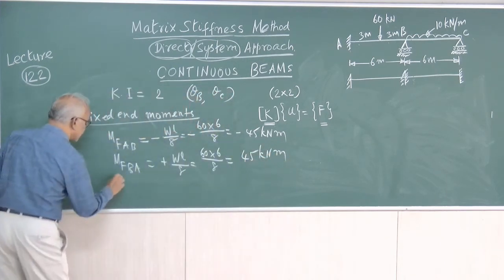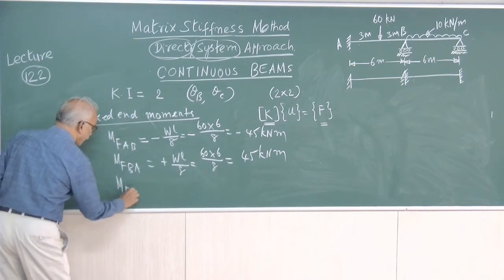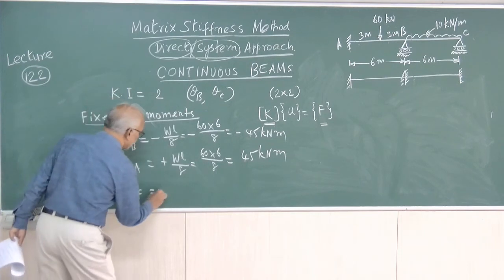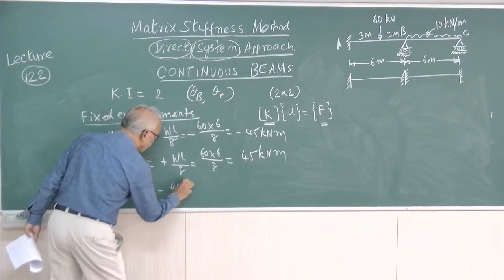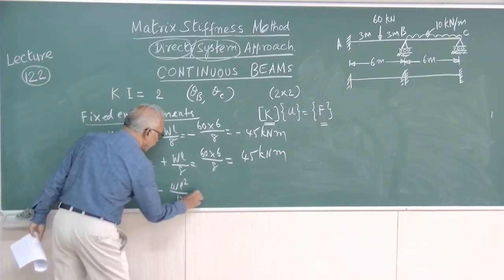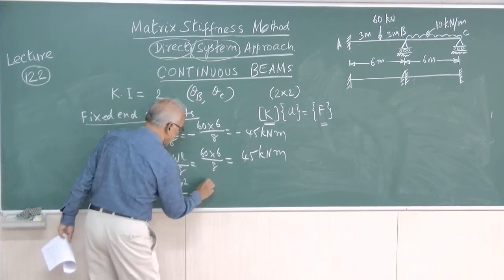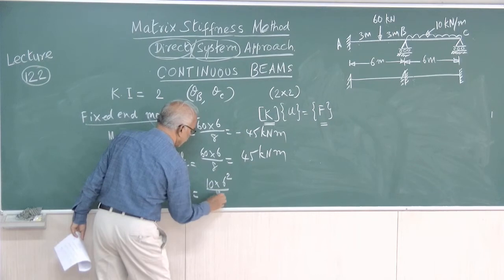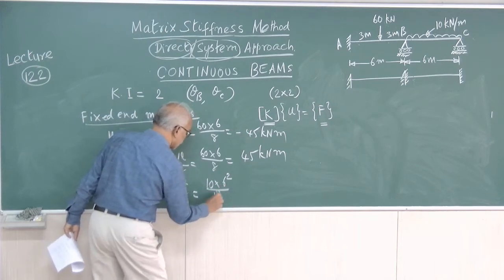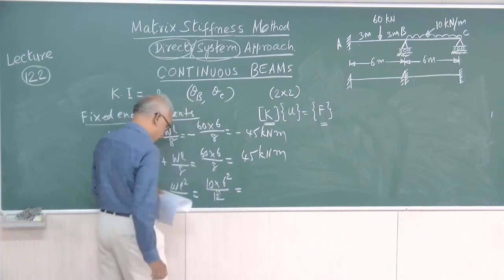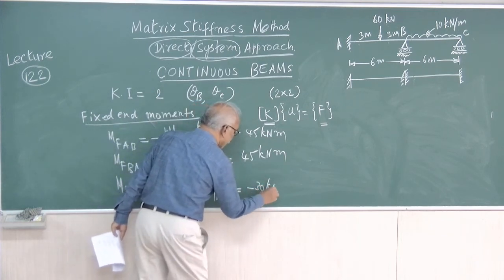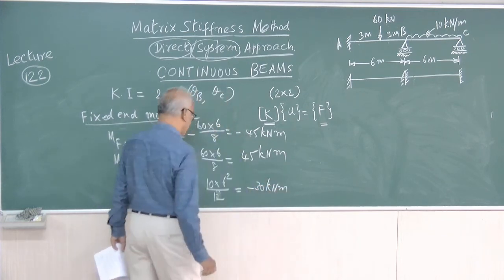M of BC is subject to UDL, therefore minus WL square by 12, equal to minus 10 into 6 square by 12, equal to minus 30 kilonewton meter.